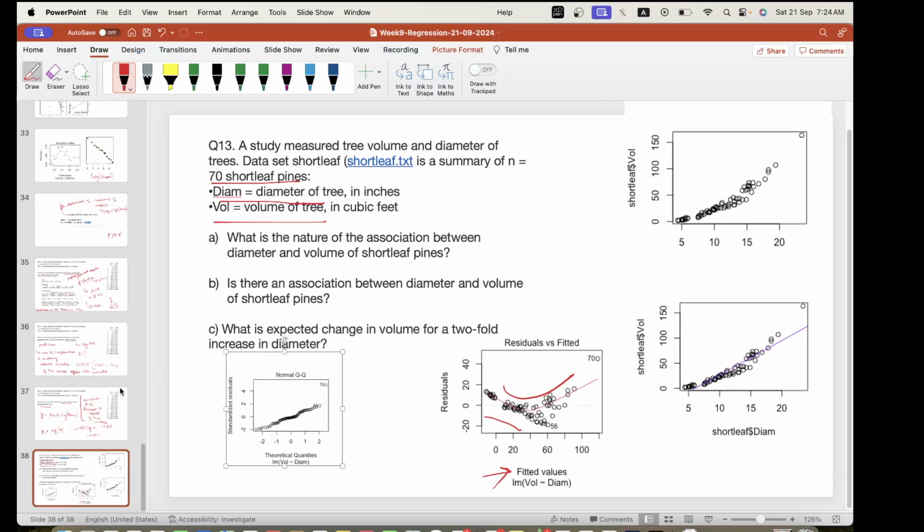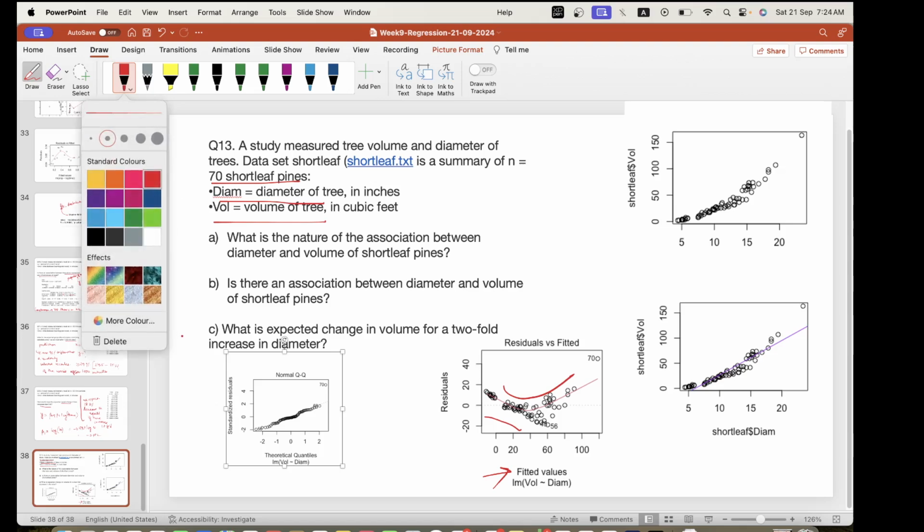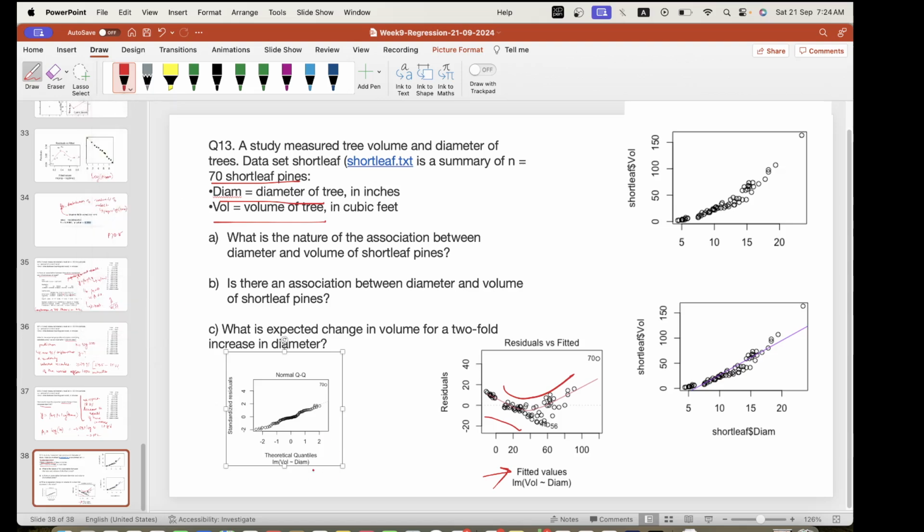Okay, so this one also deviated from normal. I could write this as deviation from normal.